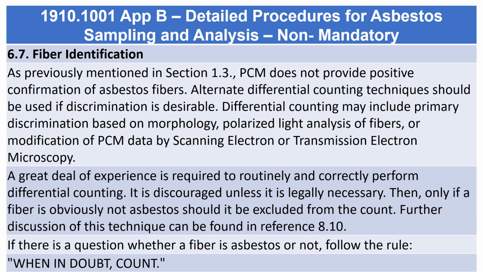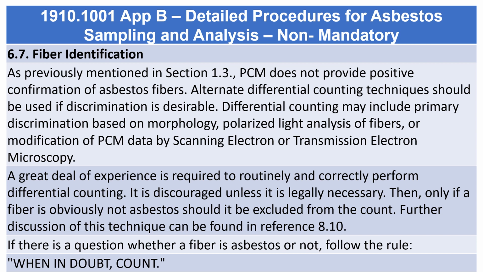6.7. Fiber identification. As previously mentioned in Section 1.3, PCM does not provide positive confirmation of asbestos fibers. Alternate differential counting techniques should be used if discrimination is desirable. Differential counting may include primary discrimination based on morphology, polarized light analysis of fibers, or modification of PCM data by scanning electron or transmission electron microscopy.